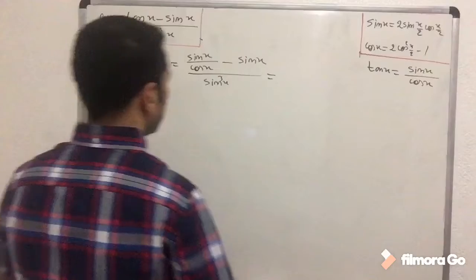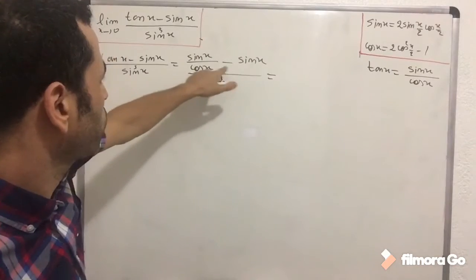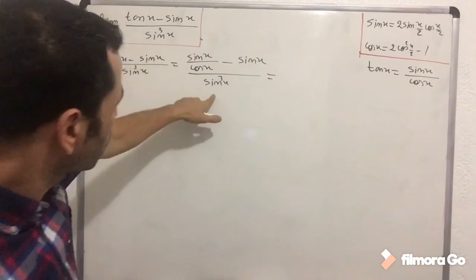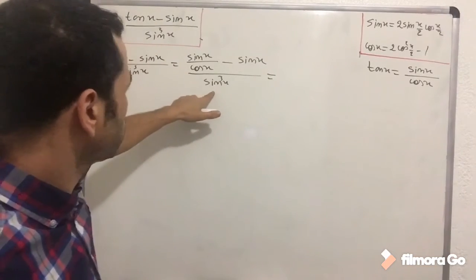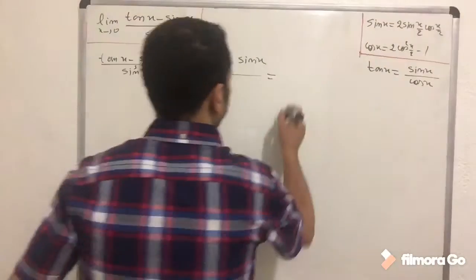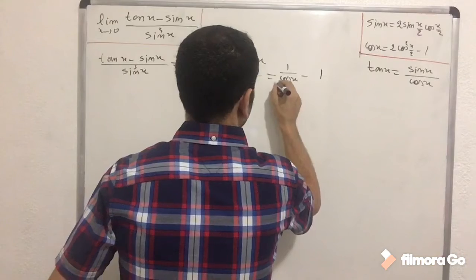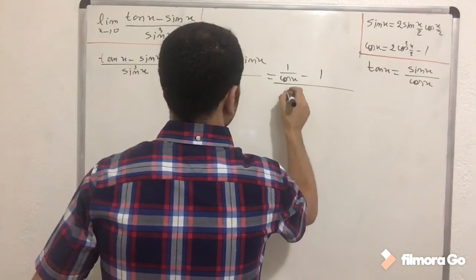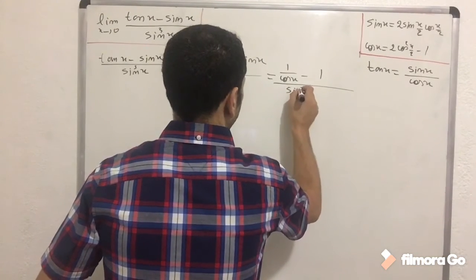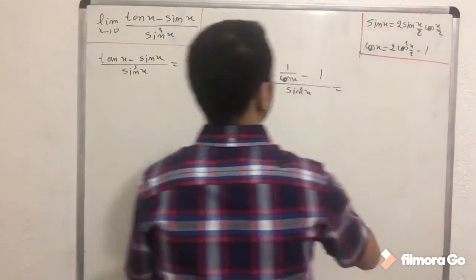In the numerator, you see a sine x, the common factor. Put the sine x outside of the whole thing. Then in the denominator you have sine cube x, and you are going to simplify the sine x. Now it gives you 1 over cosine x minus 1, over sine square x.